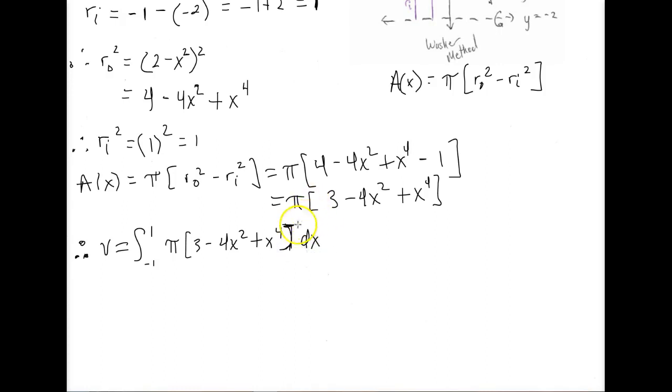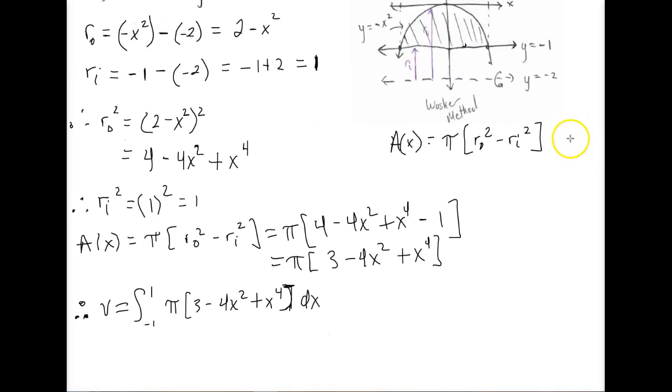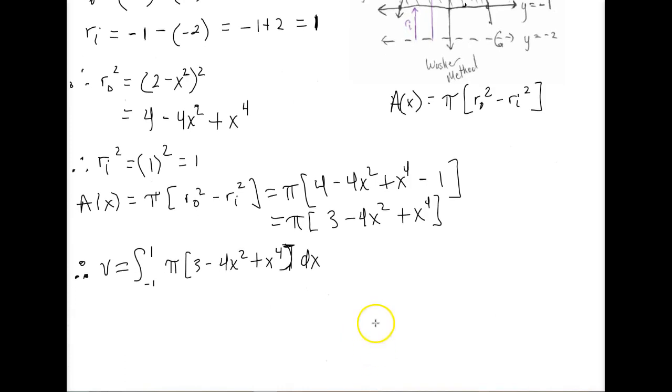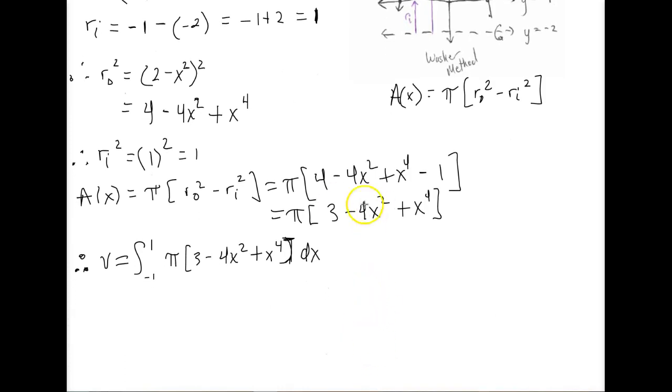dx. And again, if we scroll back up, since the area on the right side is going to be equal to the area on the left side, we can rewrite this as 2 times the integral from 0 to 1. So we'll go ahead and do that. It's equal to 2 times the integral from 0 to 1.